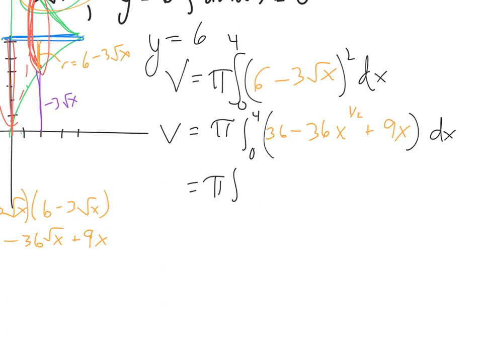And I think at this point I'm actually ready to get rid of the integral. So let's go ahead and get rid of that, figure out my antiderivative. Antiderivative in this case is going to be 36x minus 36x to the 3/2 times 2/3 plus 9x squared over 2, integrating from 0 to 4.